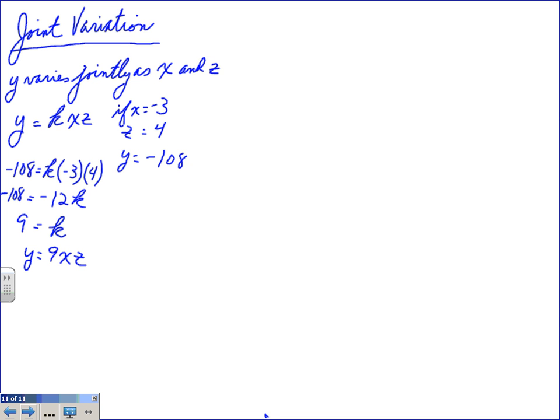Now that you've done that, it's going to say find y when x is 3 and z is negative 7.